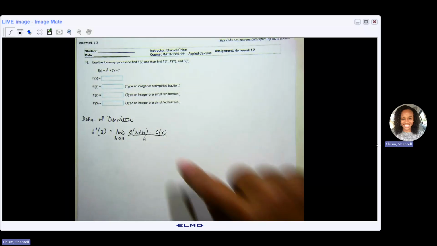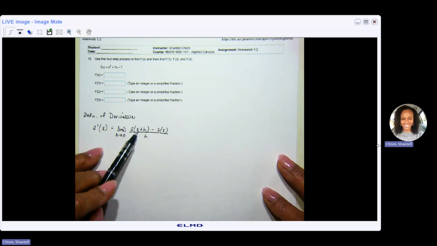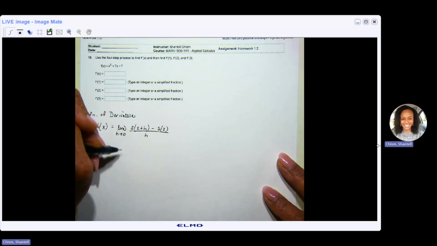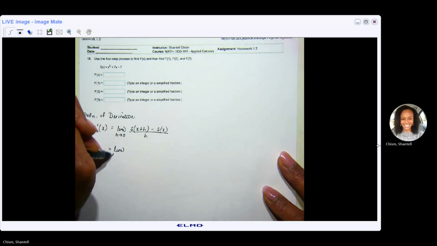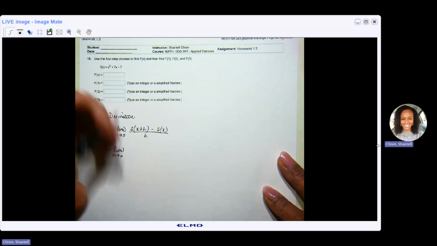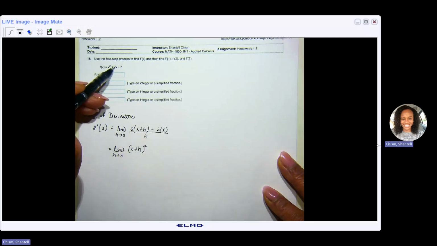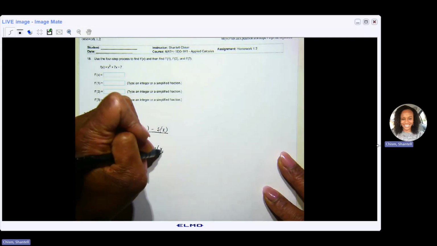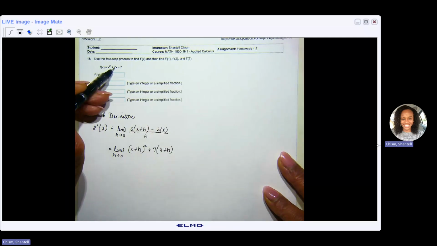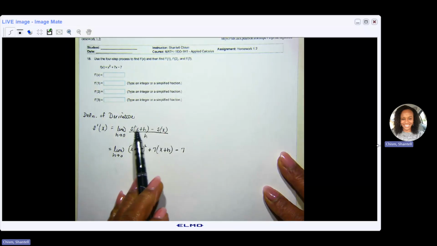So that means I'm going to take this original function, and where I see x, I'm going to replace it with x plus h, okay? So this becomes x plus h squared plus 7 times x plus h. Wherever I see x, I'm replacing with x plus h. And then I have minus 7. So that's this first part.